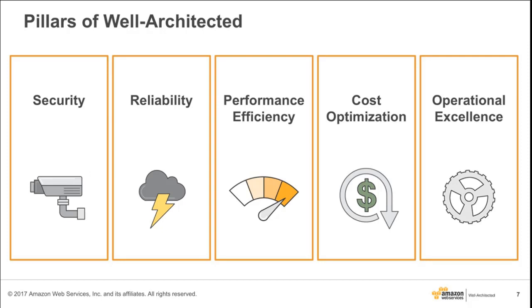Creating technology solutions is a lot like constructing a physical building. If the foundation isn't solid, it may cause structural problems and undermine the integrity and function of that building. When architecting technology solutions, neglecting the 5 pillars of security, reliability, performance efficiency, cost optimization, and operational excellence can make it challenging to build a system that delivers the functional requirements that meet your expectations.